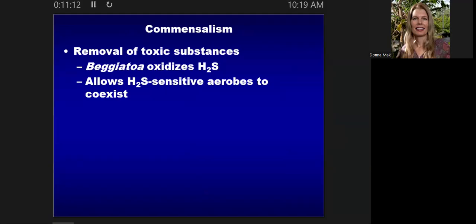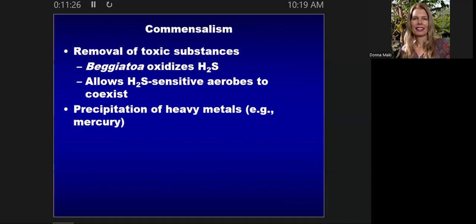Again, Beggiatoa stripping electrons off of hydrogen sulfide is definitely benefiting because that's a good electron source. But anyways, they're saying that this is helping other nearby sensitive microbes to survive in the presence of hydrogen sulfide.